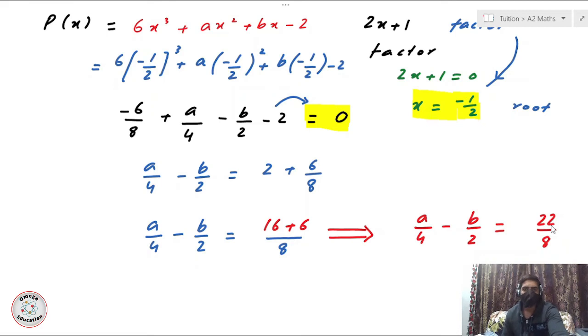Alright, this is what we'll be left with, and we can further simplify this one.